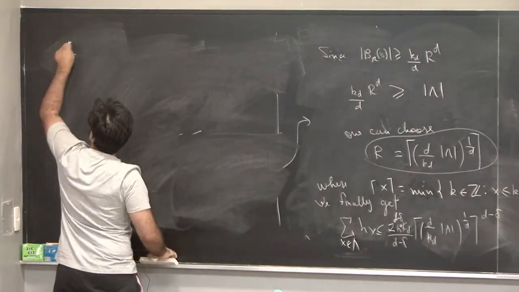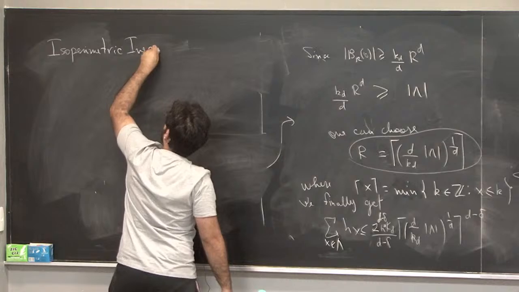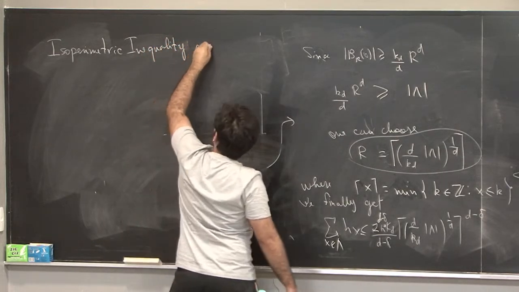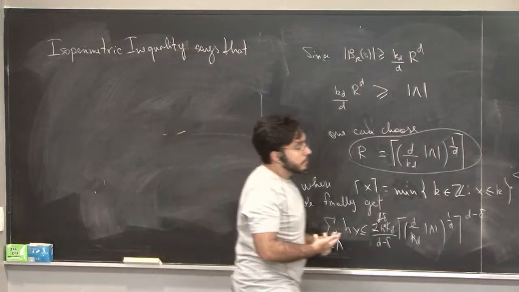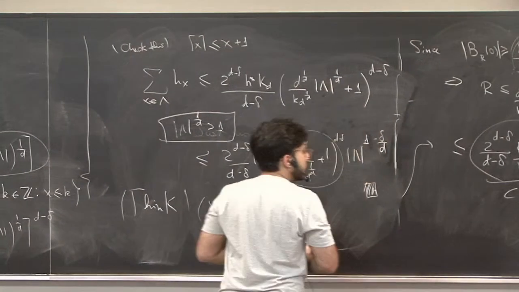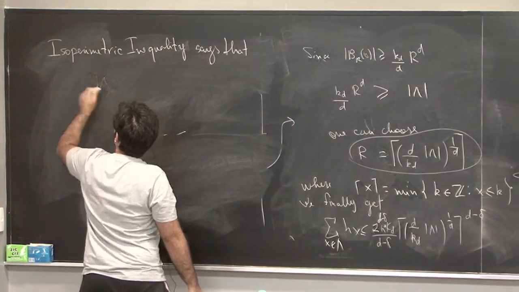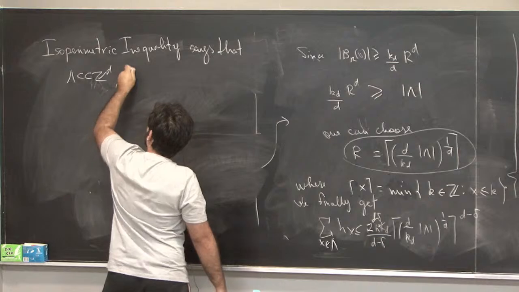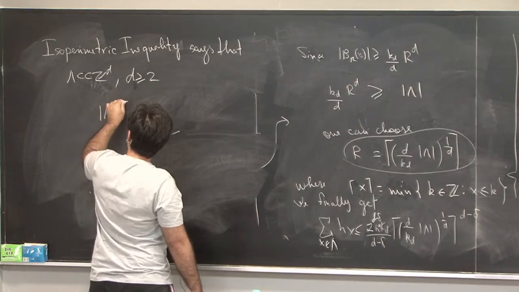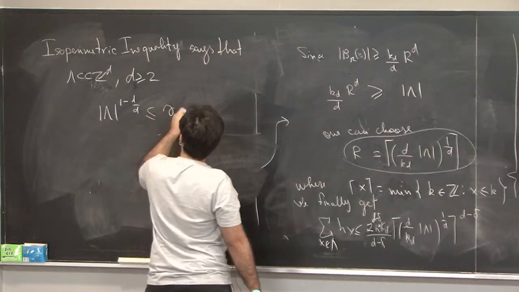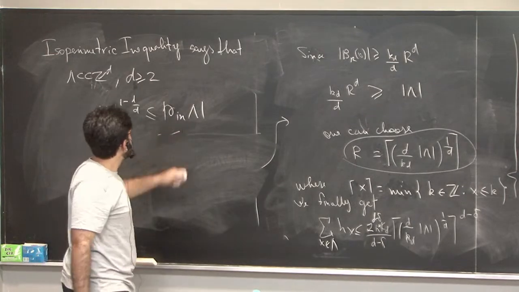So just remember, the isoperimetric inequality says that for any finite subset of Z^d, and d must be larger than 2 — this is very important, the dimension is very important here — then 1 minus 1 over d is less than the boundary of the interior, or the inner boundary, of lambda.